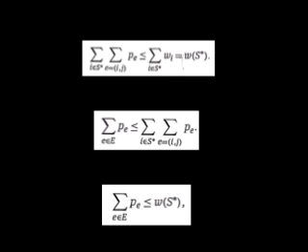So that is our second formula in the middle of the screen: the summation of p_e over all e in E is less than or equal to the double summation, where the outer summation is over all i in S* and the inner summation is over all edges e = (i, j) of p_e. Combining this with the previous inequality, we get that the summation of p_e over all e in E is less than or equal to w(S*), as desired.